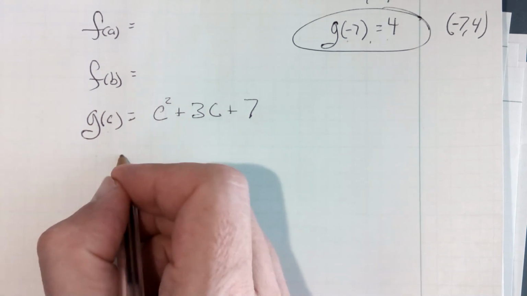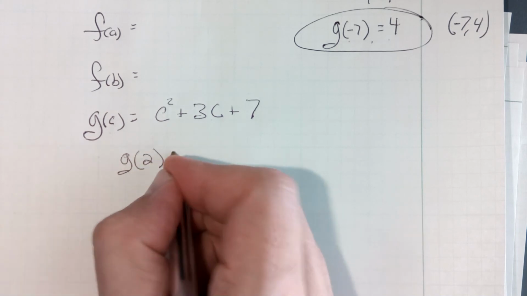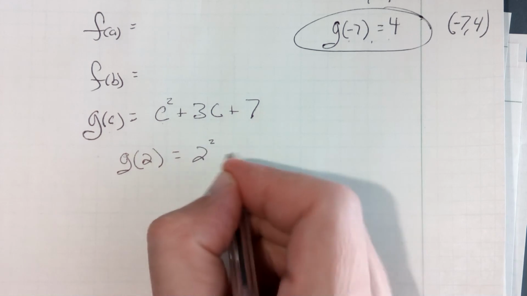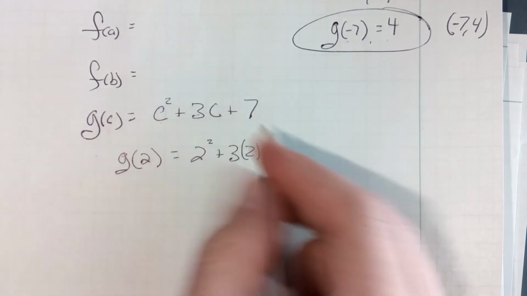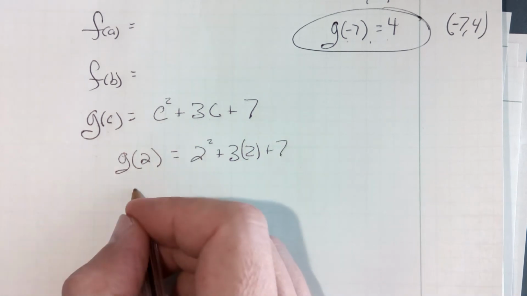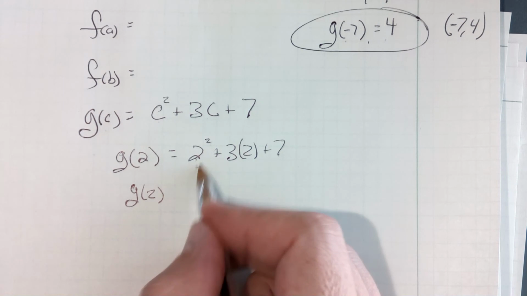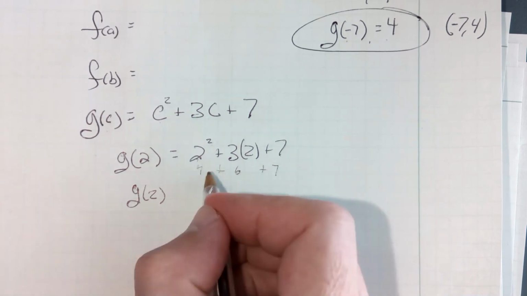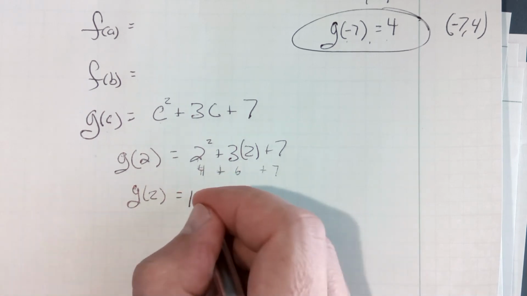If I asked you what g of 2 is, you would take 2 and replace this c with it. We square it, then add 3 times 2, and then add 7. So g of 2 is 4 plus 6 plus 7, which is 17. G of 2 is 17.